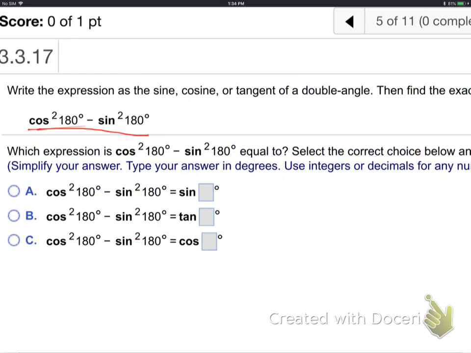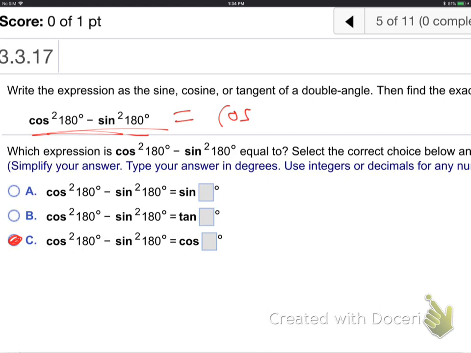So they're saying this is really the same as what? Well, we just looked at it. It's one single cosine. First off, they want me to choose multiple choice. Is it going to be the same as a single sine, a single tangent, or a single cosine? Well, option C, single cosine. That's what the formula says. Cosine squared minus sine squared is equal to a single cosine, not a single sine or tangent.